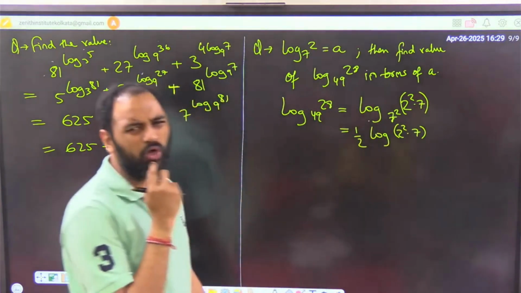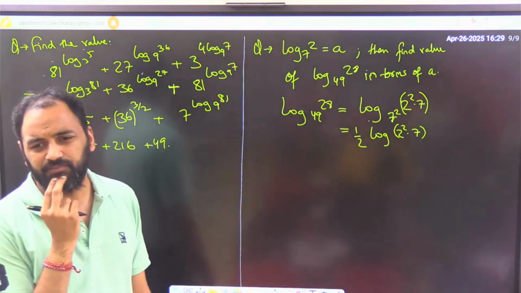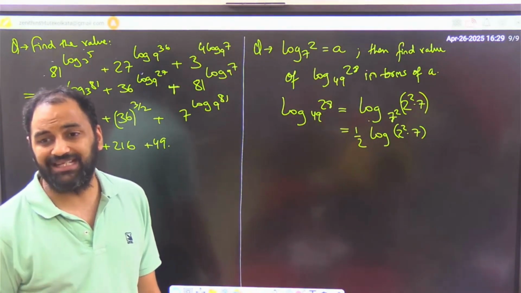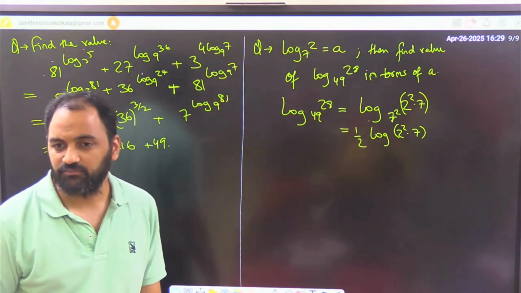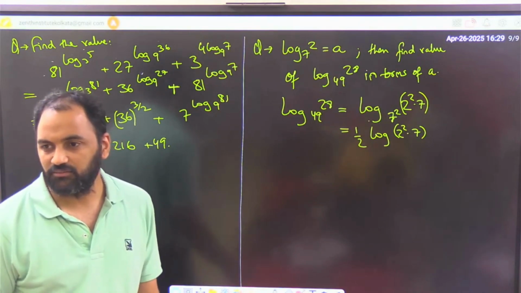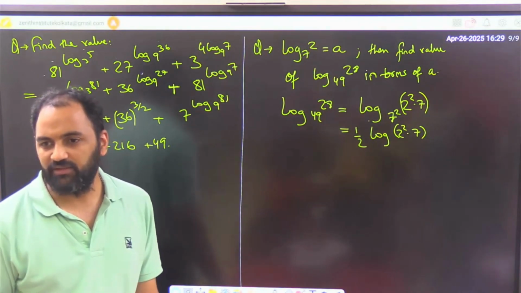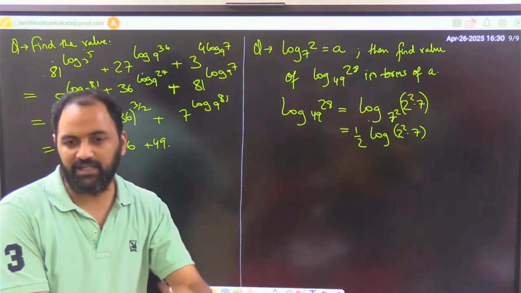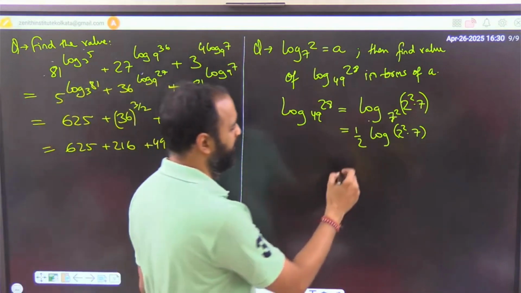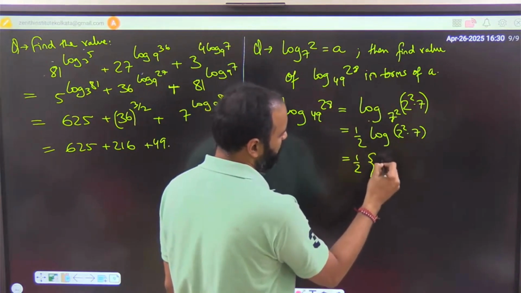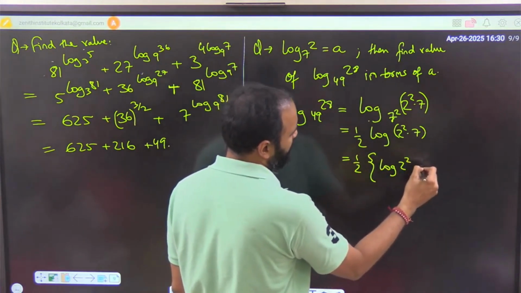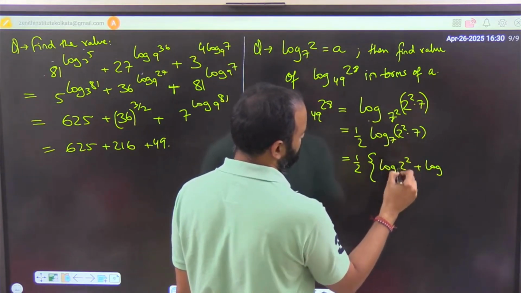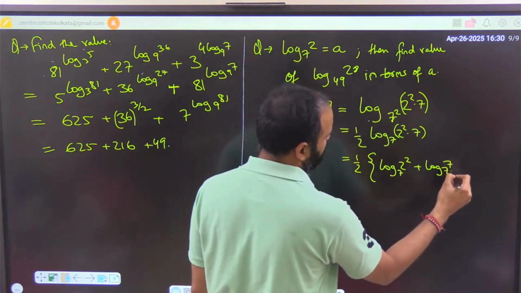Now what can we do with log of 2 square into 7? 2 square into 7 is a product. So what do we do with log of a product? Split as a sum. So half of log of 2 square to the base 7 plus log 7 to the base 7.